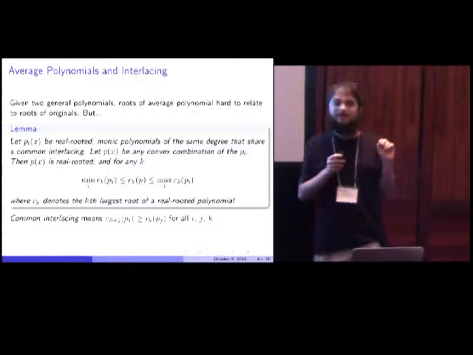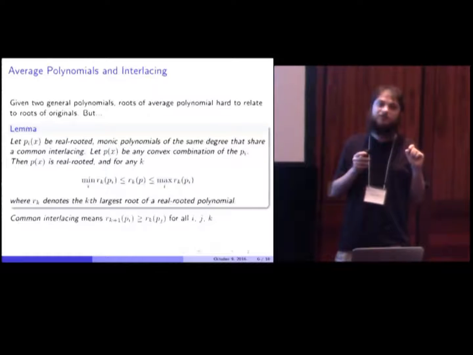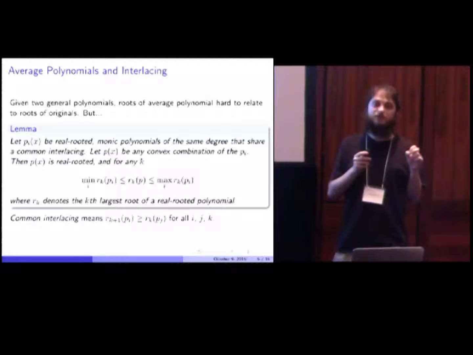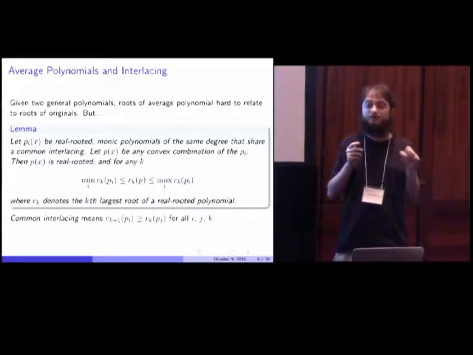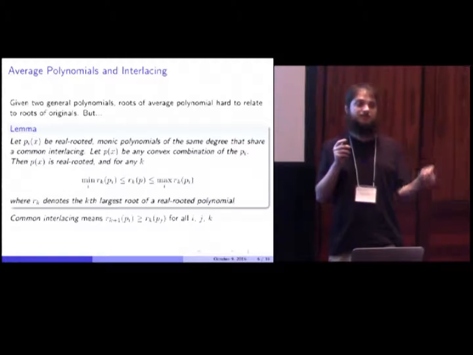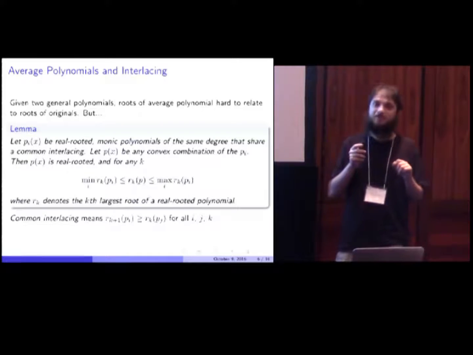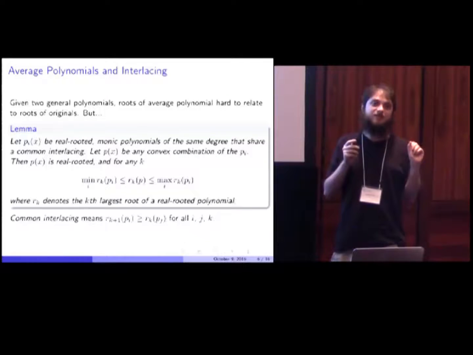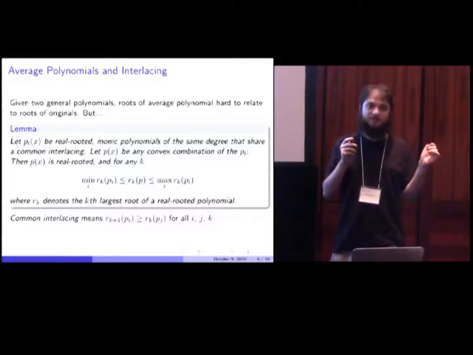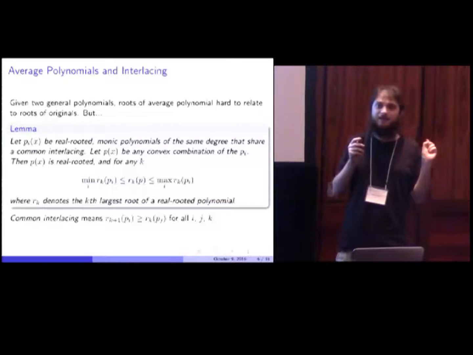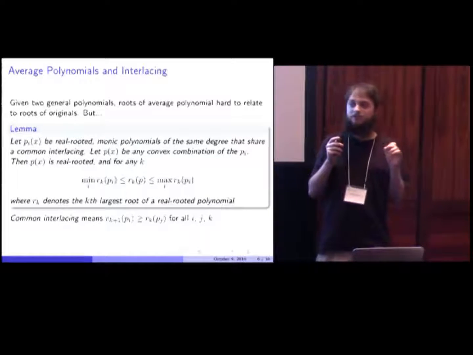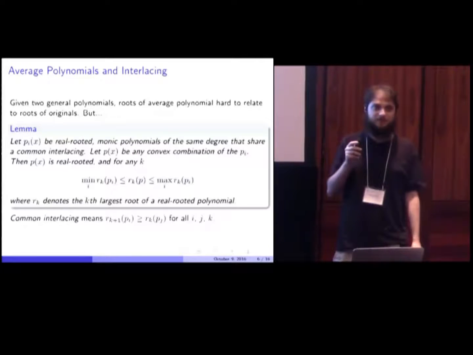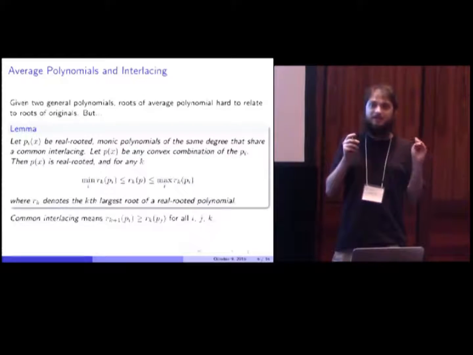So common interlacing here just means that basically you see all of the first roots of all the polynomials before all of the second roots, before all of the third roots. You never see the second root of one polynomial strictly before the first root of another, and things like that. Okay, so that in turn implies that you can separate out the roots. So there's an easy structural way to actually prove this lemma, to prove that the roots can't escape, which is that you can think of these as regions where roots are forbidden, right?